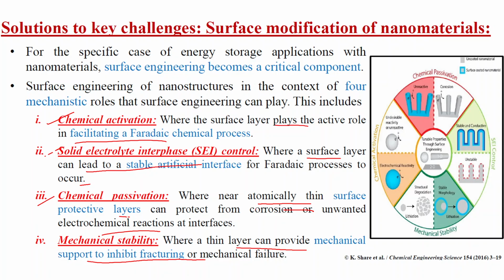Then surface passivation is providing a thin coating material over the nanoparticle which prevents corrosion or unwanted electrochemical reactions at the interface. Then mechanical stability also can be provided by surface modification.